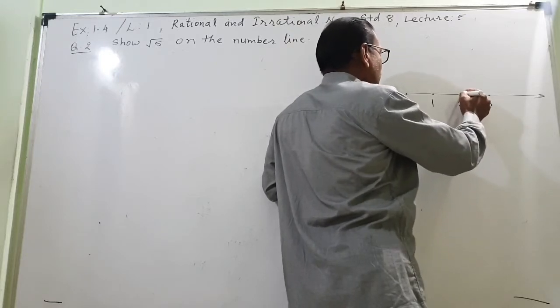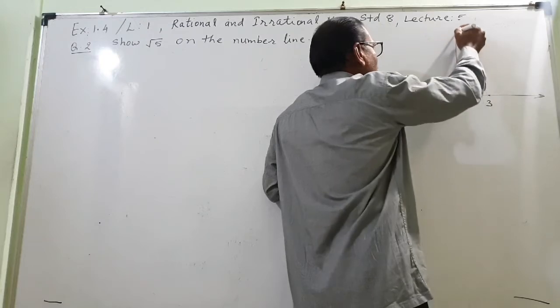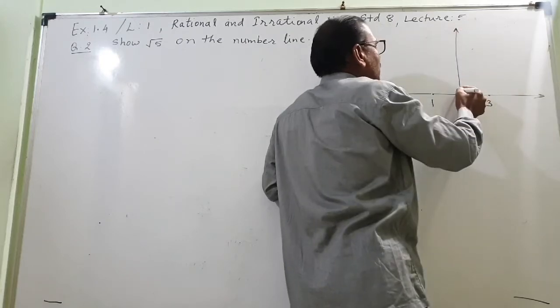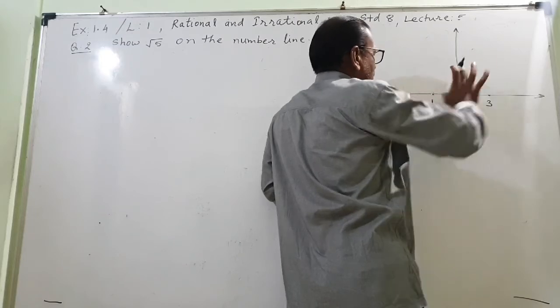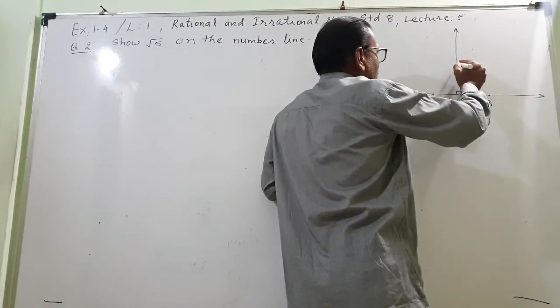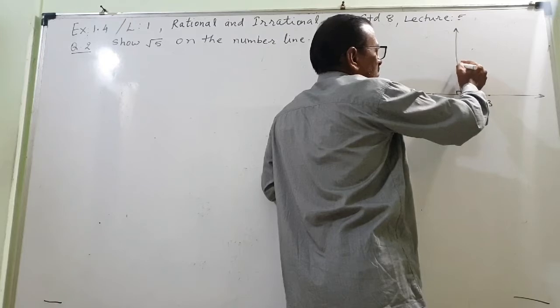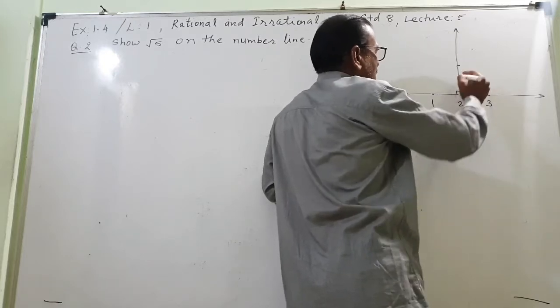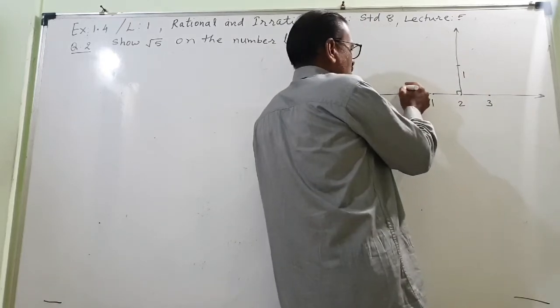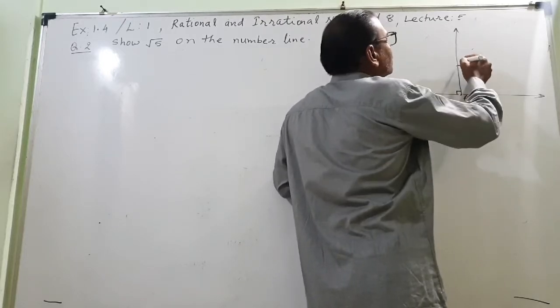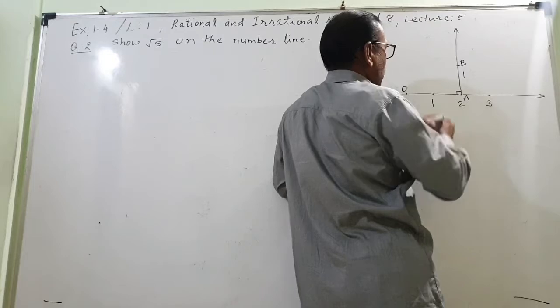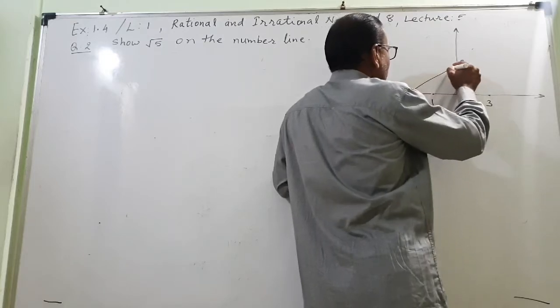So from this we will draw a perpendicular like this, 90 degree. Take a distance 1. This is 1. This distance I will take here. This is 1. This point is O. This point is A. And this will be B point. Draw a segment like this.